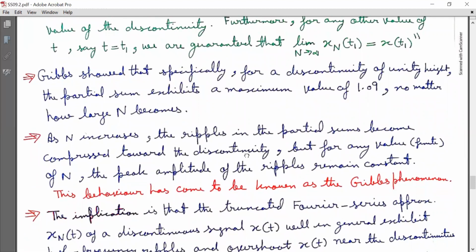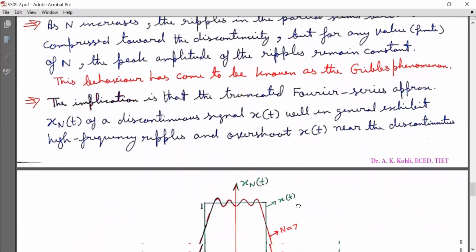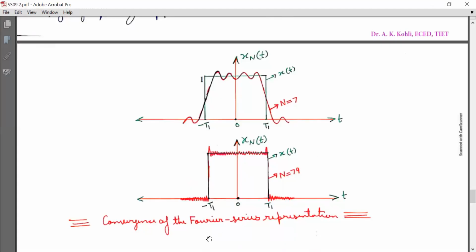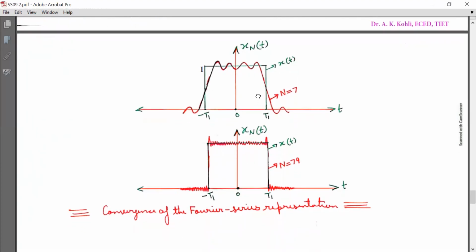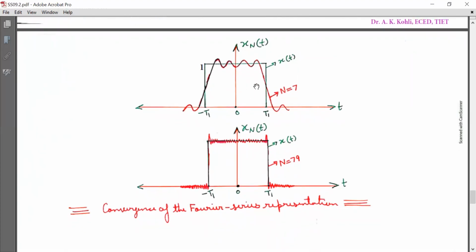Now, we will first have a look at the graph, that is, convergence of Fourier series representation. This is one period of the square wave plotted on the screen. The green one is x(t), the actual signal, and the red colored signal is the approximated signal x_N(t) when N is equal to 7.